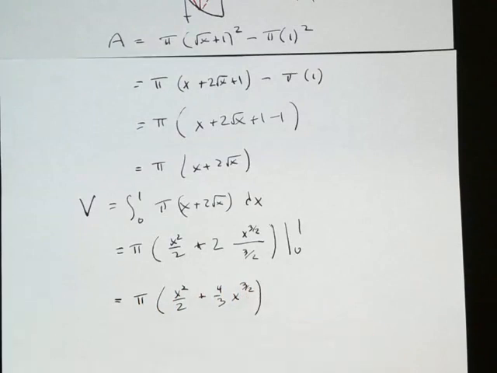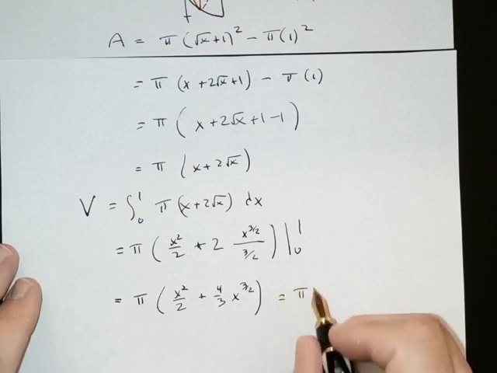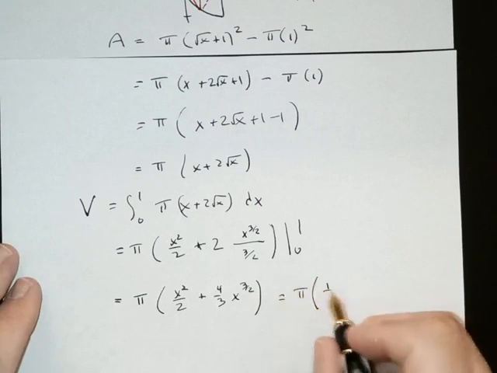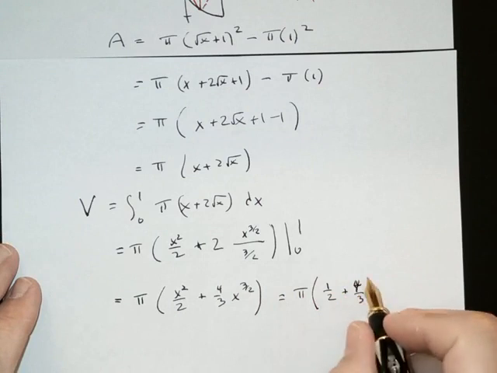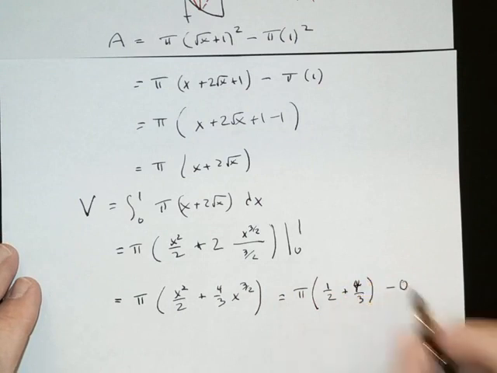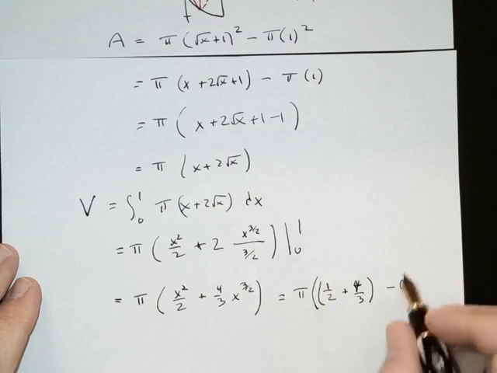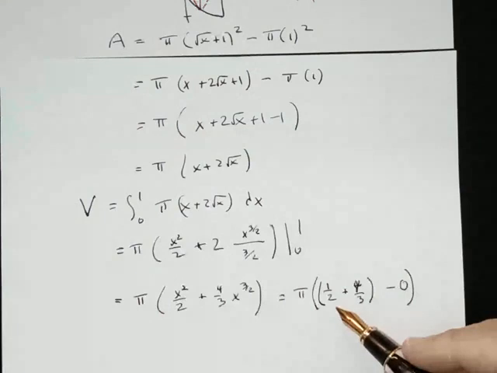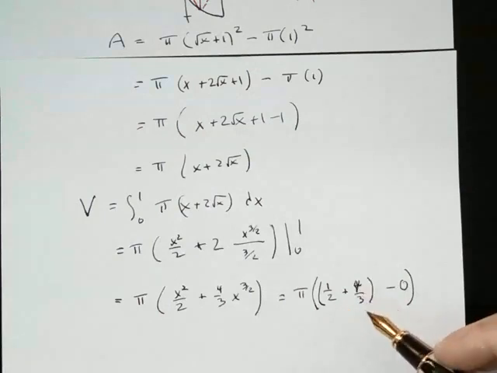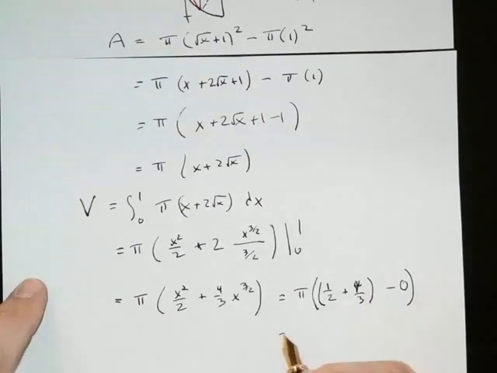Plug in 1, plug in 0. One half plus 4/3. Let's do it in sixths, right? 3/6 and 8/6 is 11/6.